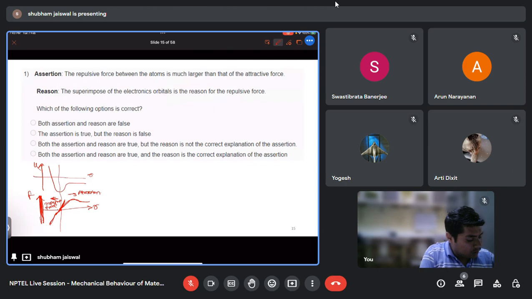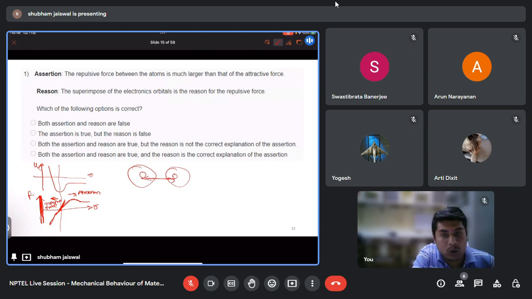So here, if we move towards the left, the repulsive forces are becoming dominant. Why is it so? When we consider the nucleus and electrons of atoms, they overlap with each other. The electrons will repel, and the nuclei will repel each other if they come much closer.